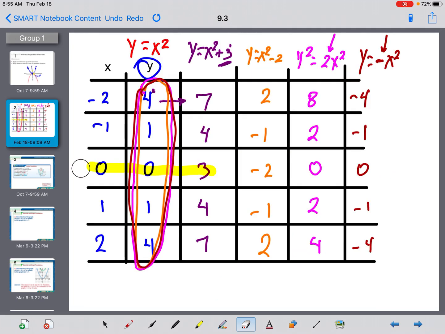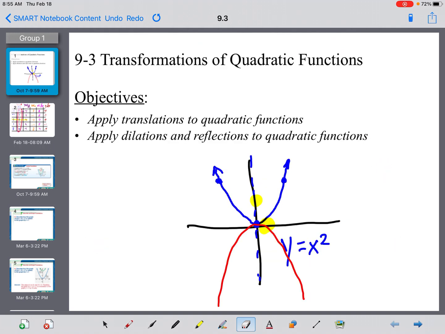Still got 0, 0, right? 0 over here, 0 over here. You got 2, negative 4. So over 2, down 4. And so that's how that works.